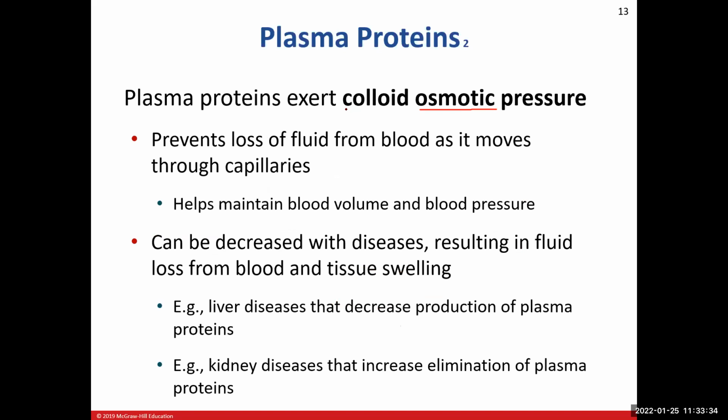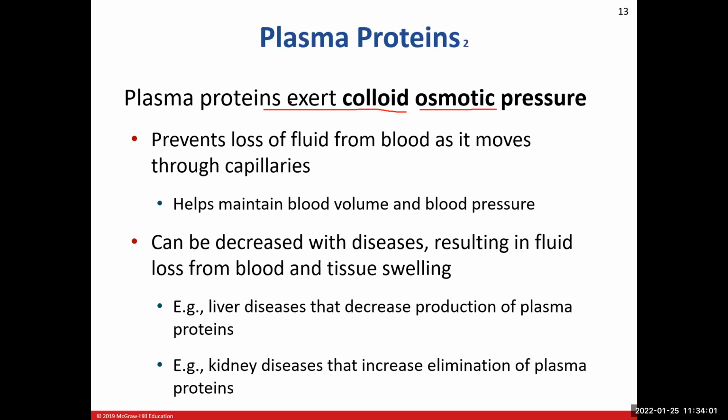In colloid, we just talked about colloid, think proteins. So the plasma proteins are going to cause this pressure to be created, which is going to influence the movement of water from the blood into the tissues and vice versa.